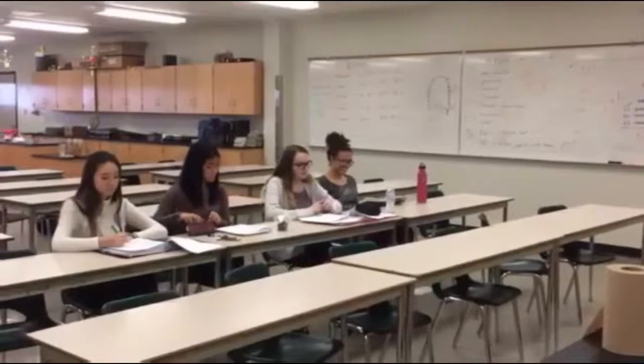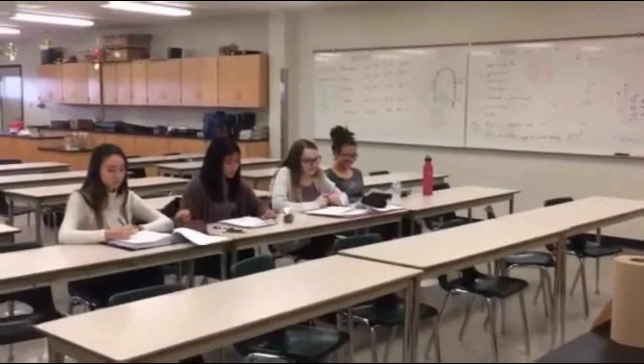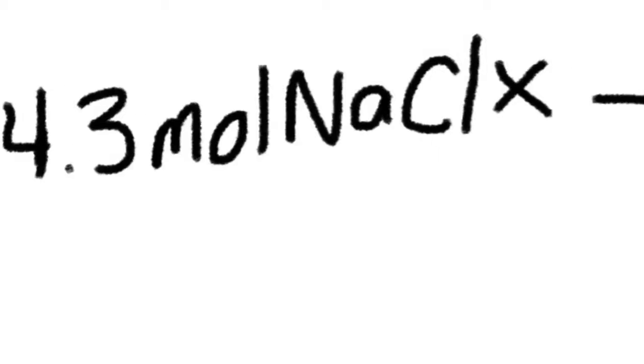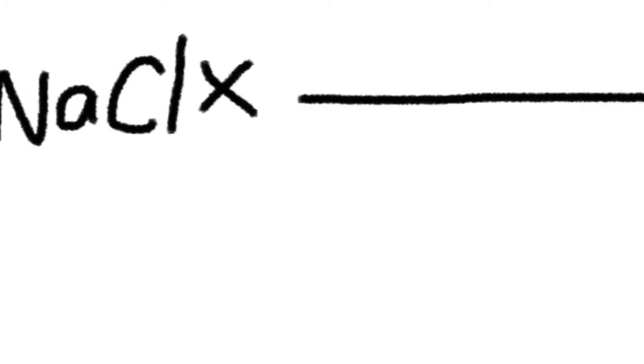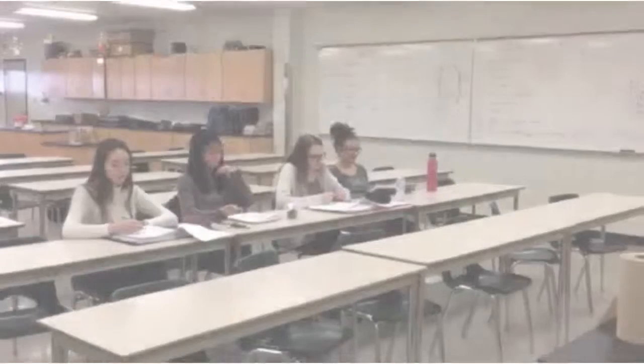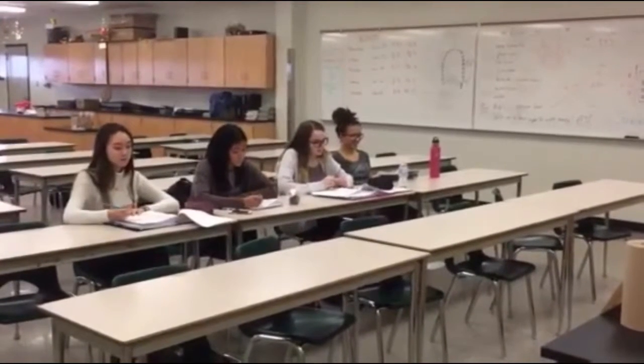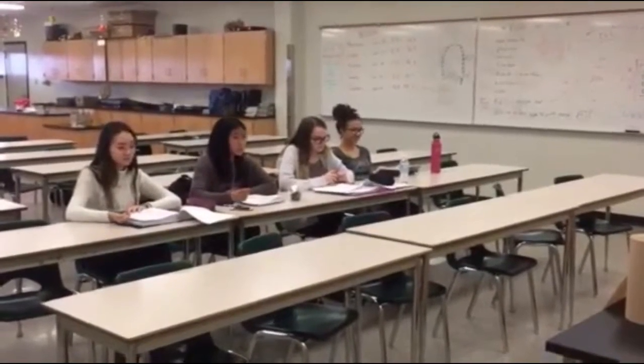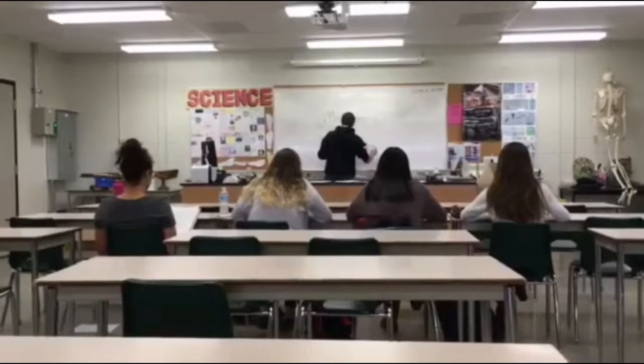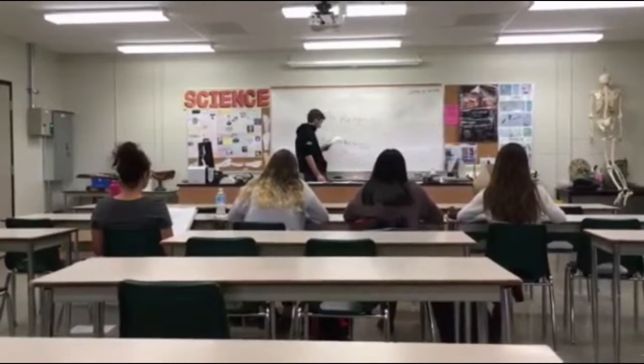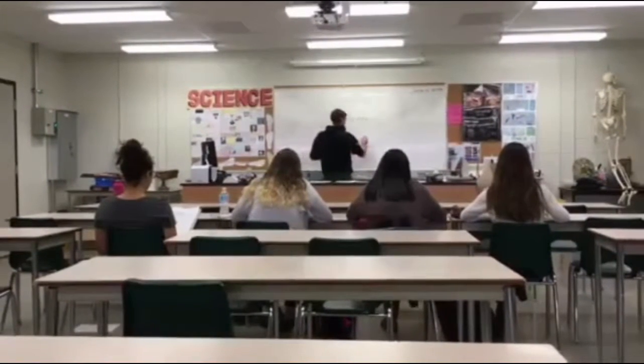First, you need to write our givens, a multiplication sign, a line, and an equal sign. On top of it. And moles goes on the bottom with the 1. And Avogadro's constant, 6.02 times 10 to the 23rd goes on top. Yeah, you guys are killing it.